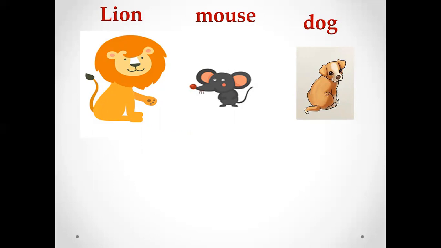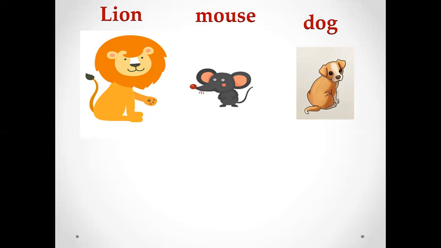When we compare between two, we use comparatives. Okay, and I want you to look at these animals. We have a lion, a mouse, and a dog. If I want to compare the lion with the mouse and the dog, among a group, we are going to use superlative, because this group consists of three.